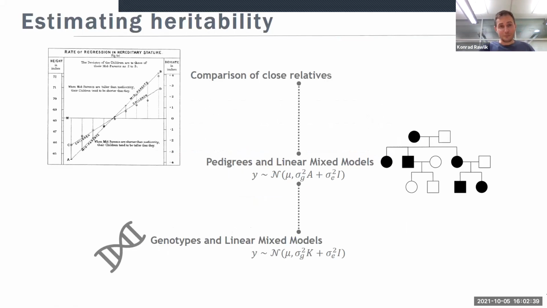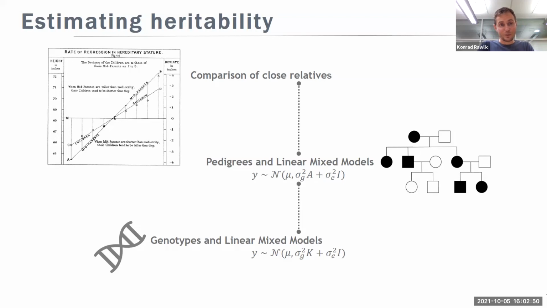Estimating heritability is something quantitative genetics or statistical genetics has been doing for a very long time, pretty much from the very beginning of the field, starting with Galton, who looked at the relationship in height between parents and children, and then going on to looking at comparison of other close relatives. At some point, somebody thought of the idea that you could use all types of relatives in one model using a pedigree and the linear mixed model approach.